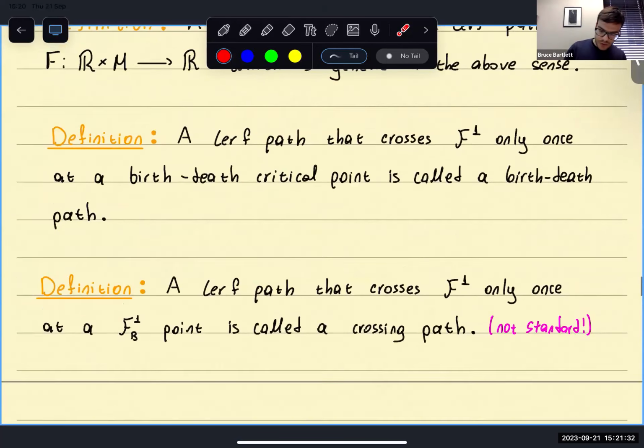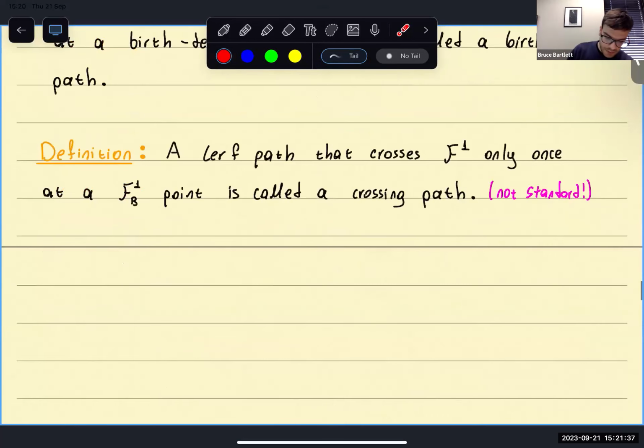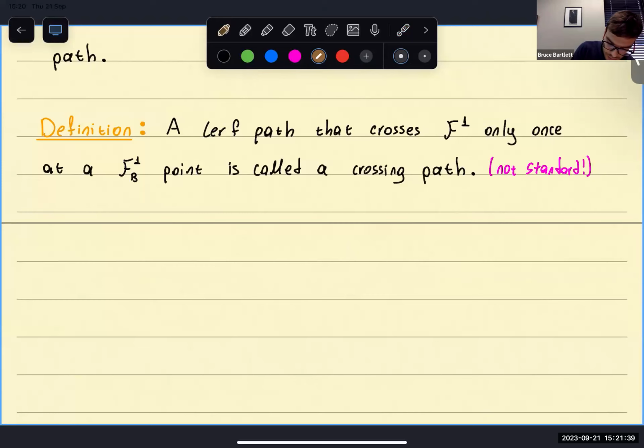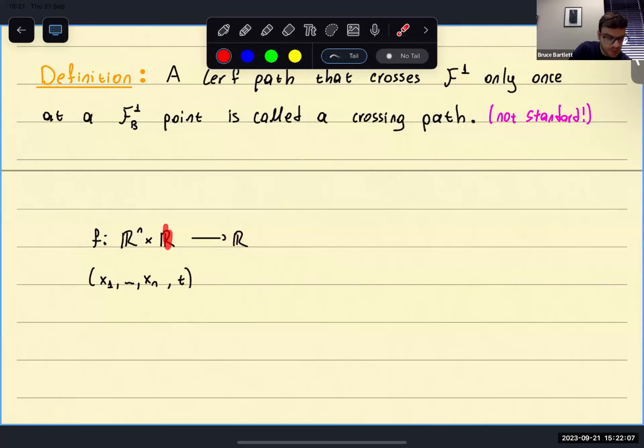So if you look at say this map, which takes the form f from R^n × R to R, sending (x1, ..., xn, t) to... So I'm taking t to be my time coordinate.